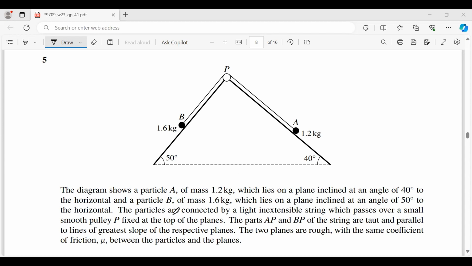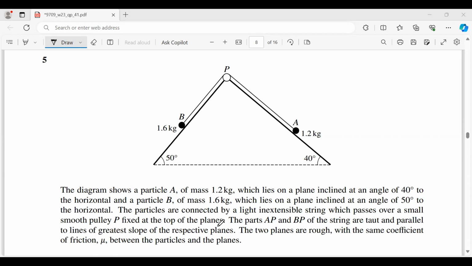The particles are connected by a light inextensible string, which passes over a small smooth pulley P fixed at the top of the planes. The parts AP and BP of the string are taut and parallel to lines of greatest slope of the respective planes. The two planes are rough with the same coefficient of friction mu between the particles and the planes.